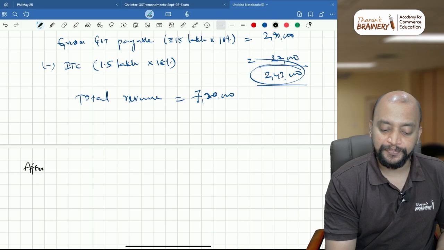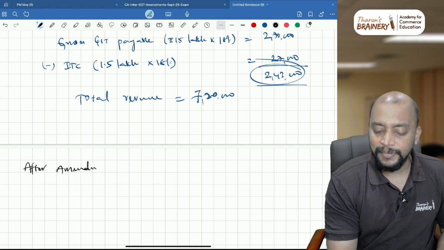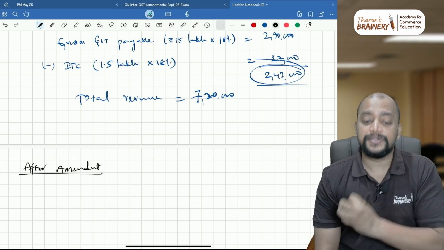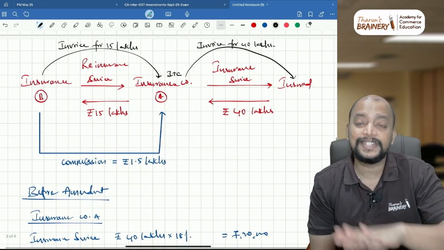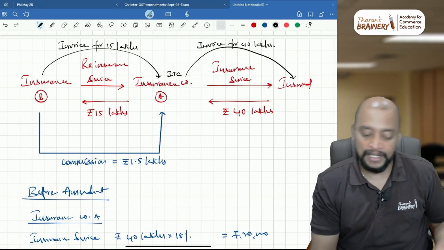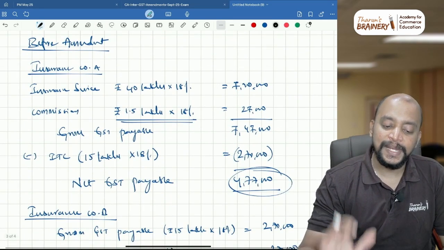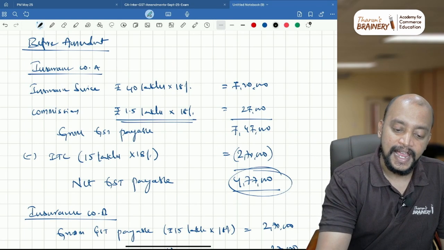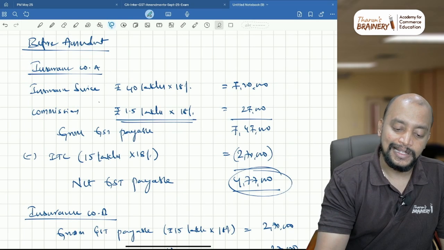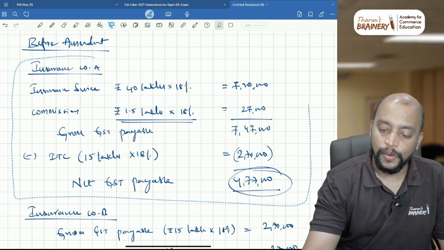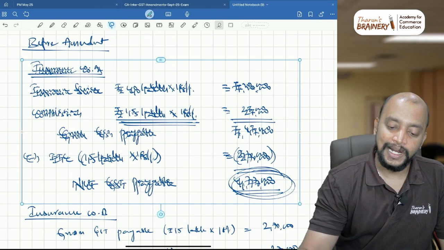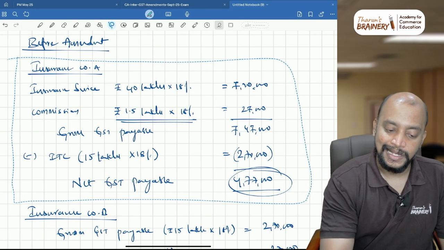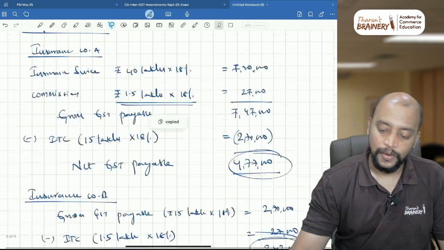After amendment they are saying that on the commission which is retained by insurance company A, GST is not payable, which means insurance company A will not pay GST on this 27,000. So the same situation will come, but the only difference is this.